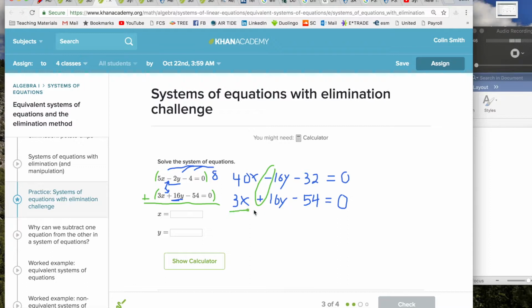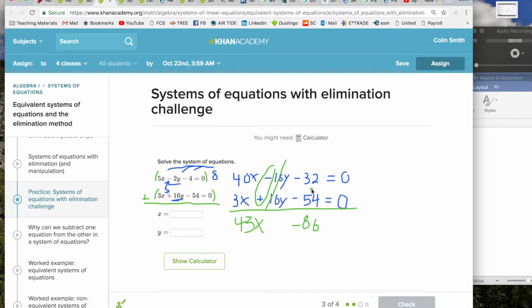Okay, so we realize that cancels out, and what we have when we add both of these lines together is 43x in the x category. Negative 32 and negative 54 put together would be negative 86. Make sure you realize that these are both negative numbers.